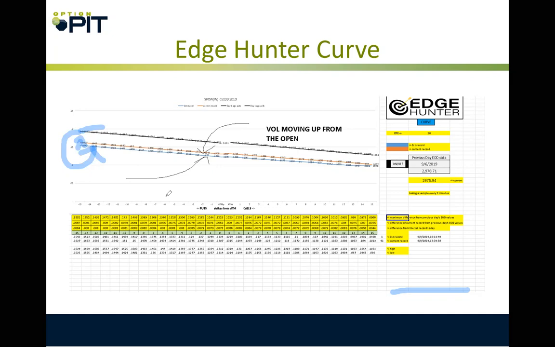So if you're putting on a butterfly, do you want to put it on that dead morning when they just crash the vol right away? Or do you want to wait until something is happening that might make you interested? Vol's moving up to that orange line.